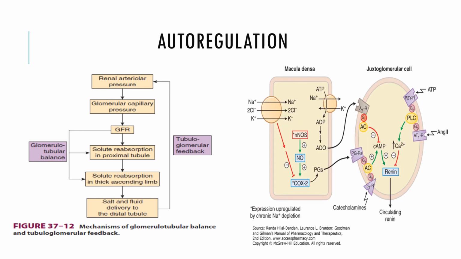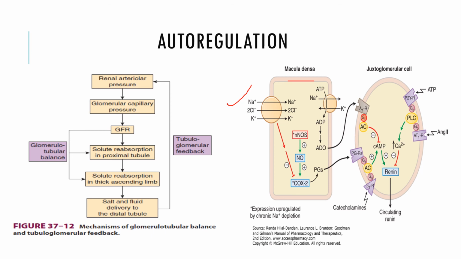This is the macula densa cell. They sense the amount of Na+ and Cl- present in the distal convoluted tubule. If more filtration is there, there will be more sodium and chloride available. Na+ and Cl- enter the macula densa via the Na+ 2Cl- and Na+ K+ 2Cl- co-transporter in their apical membranes.